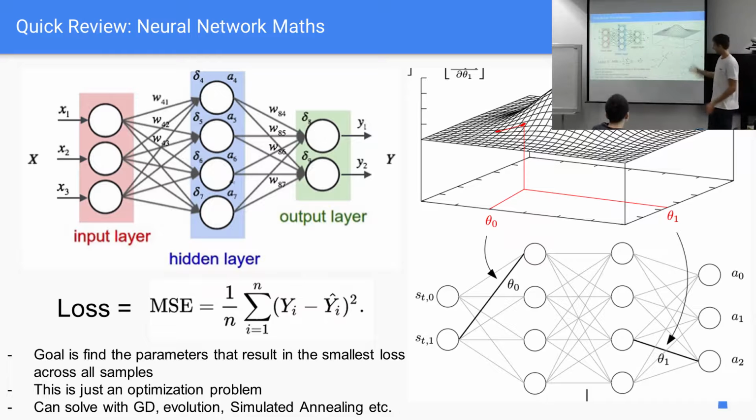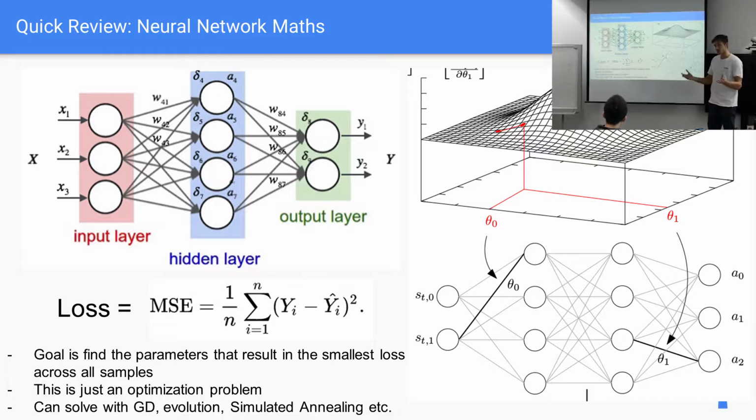To do that, we define a loss, which is basically how far apart the function we're generating is from what we want. You go through and say, okay, the value I wanted was y_i, it's some distance apart from the correct answer, which is y hat, and then you take that difference, square it, and do that for all of the samples, and you've got a pretty good approximation of how close or how far you were.